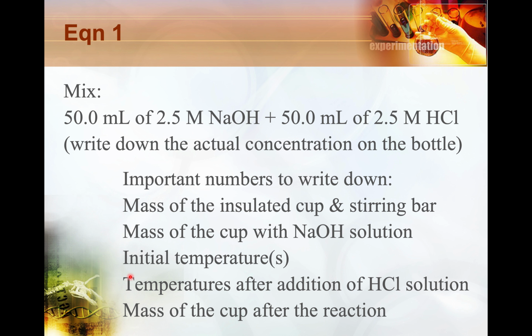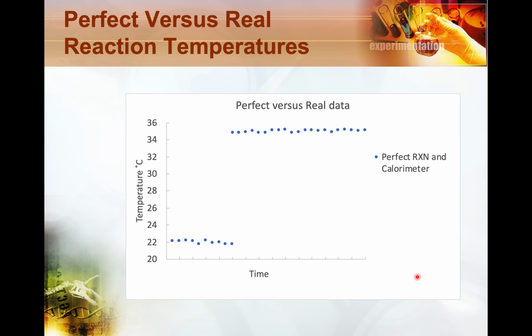Now I want to dig into this point here, measuring the temperature after the addition of the hydrochloric acid solution, because what we hope to see is what I've shown here: a perfect set of data. I've shown that there can be some bouncing around in the numbers from the thermometer, and that's expected. It's okay if there's some noise in the data that you get.